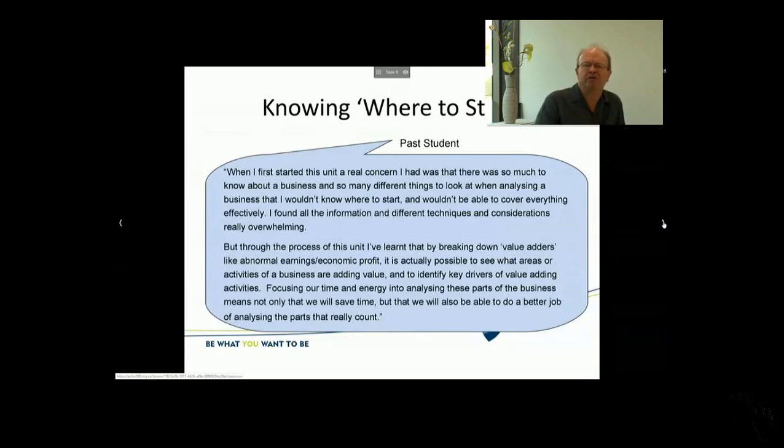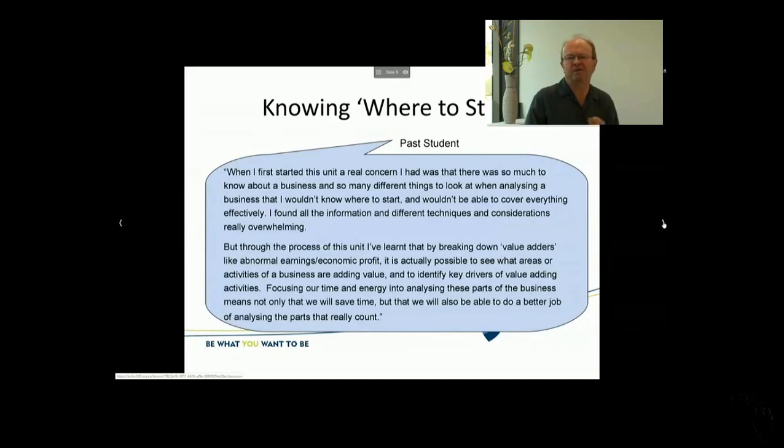But through the process of this unit, I've learnt that by breaking down value adders like abnormal earnings, economic profit, into the accounting drivers, profit margin, asset turnover, and so forth, it is actually possible to see what areas or activities or business are adding value, and to identify key drivers of value adding activities.